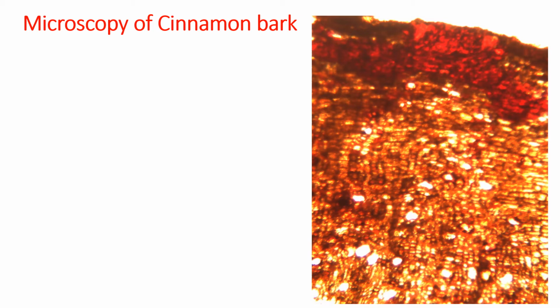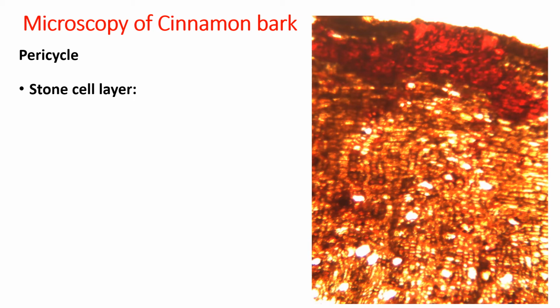That means it specifically goes and binds with lignin and produces pink color. Now you can see here the pink color is restricted to this area that is called the pericycle. Pericycle means peripheral region. This pericycle is made up of a stone cell layer. That means a layer of many stone cells is present in this case.